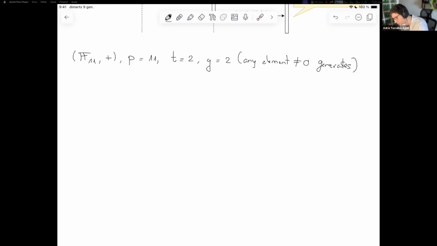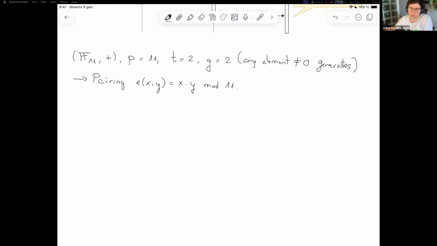Now I'm going to define the pairing as this. The pairing will be e of x, y equal to x times y mod 11. For instance, this is for the person who asked how a pairing function works.